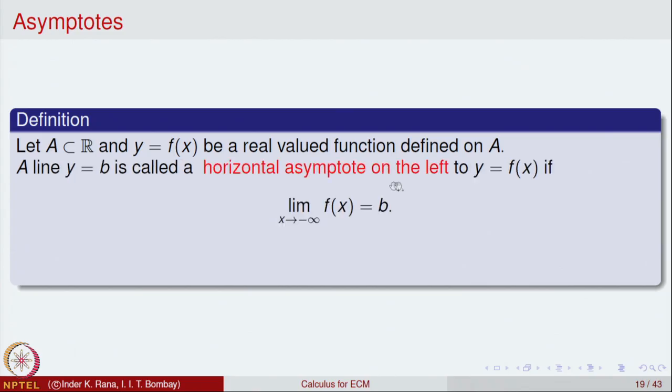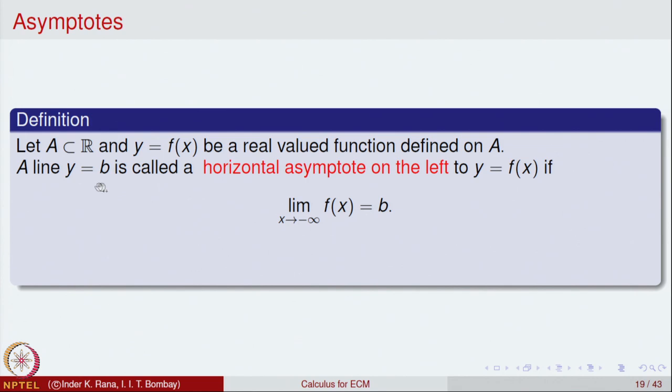So, we say that a line y equal to b is called a horizontal asymptote on the left of the function, if as x goes to minus infinity, f of x approaches b. So, f of x is the value, that is y, and y is approaching b.